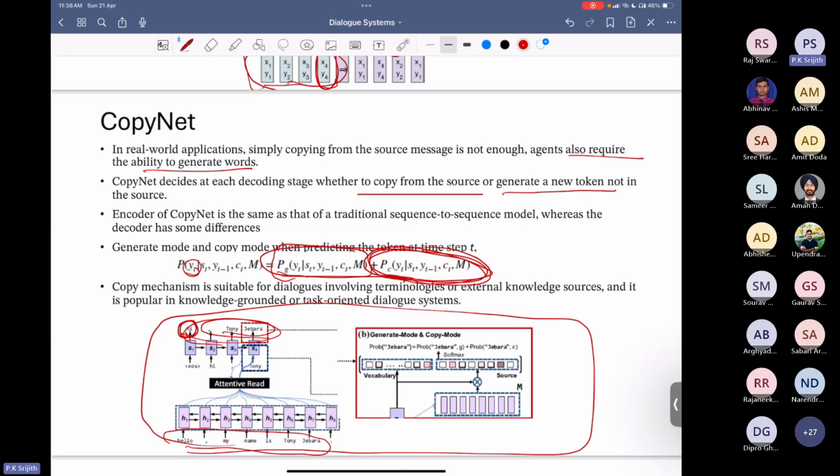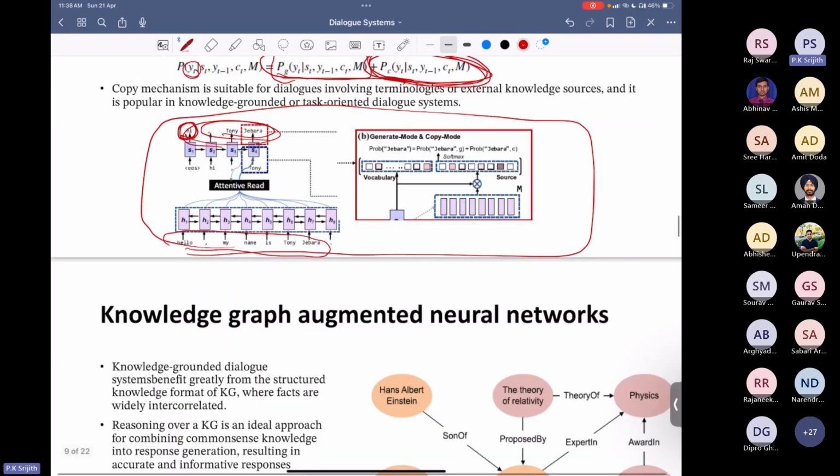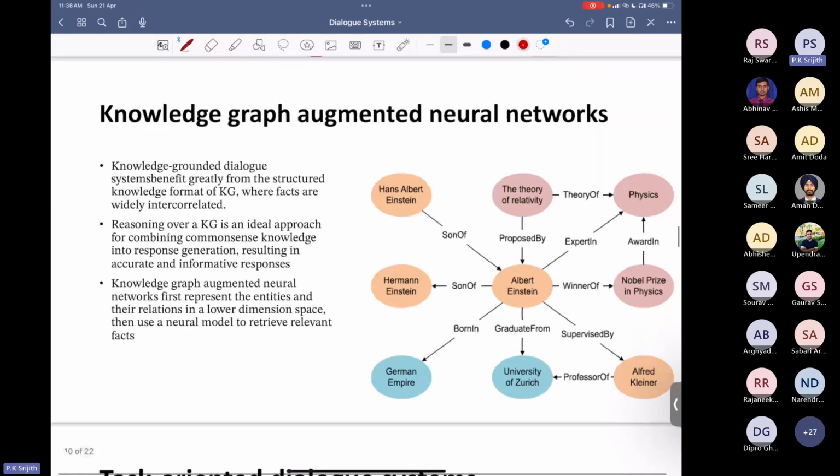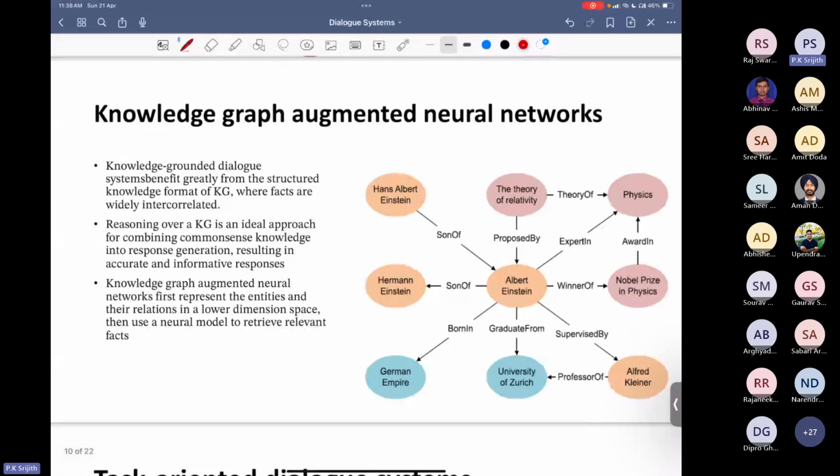This is how a knowledge base typically looks. Knowledge bases are in the form of graphs where different nodes represent different concepts and edges represent connections between these concepts.